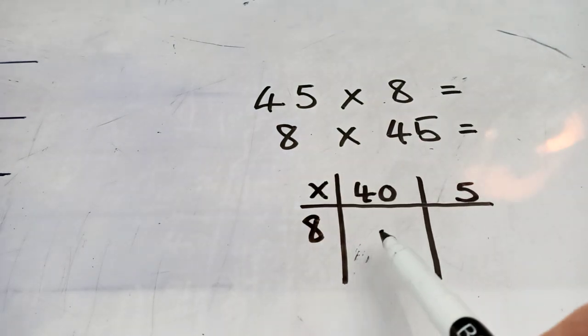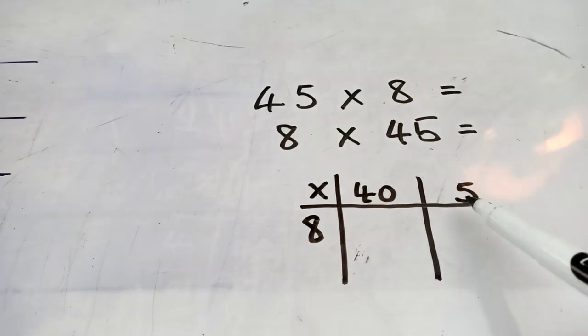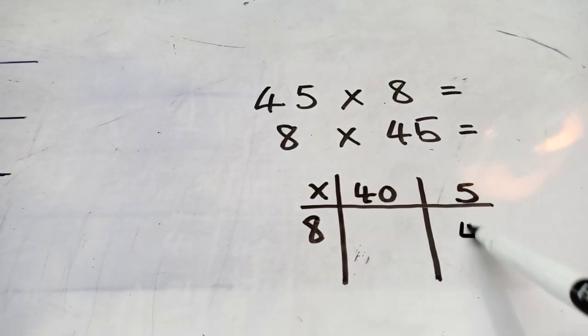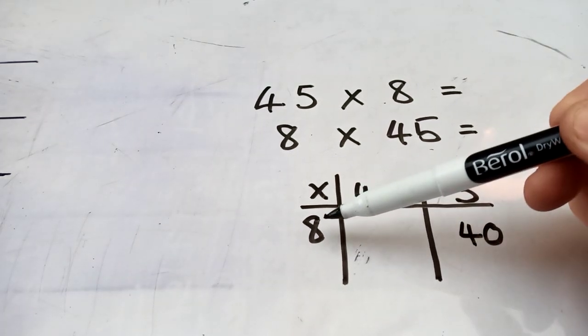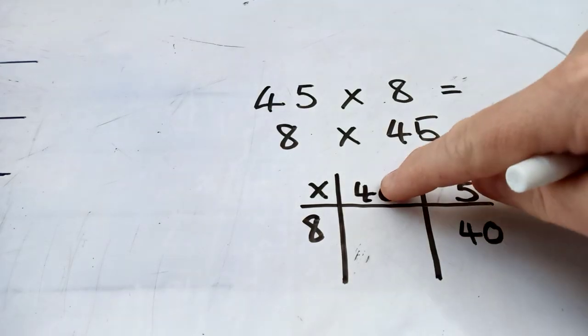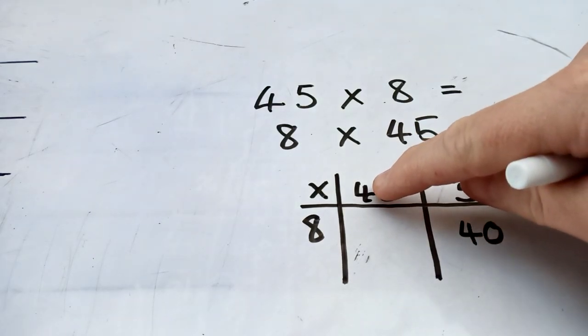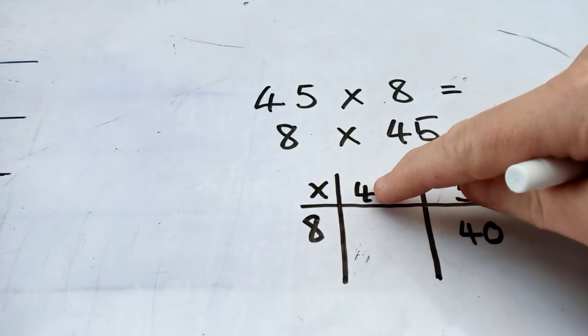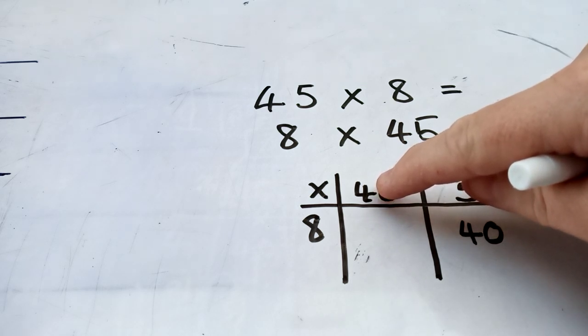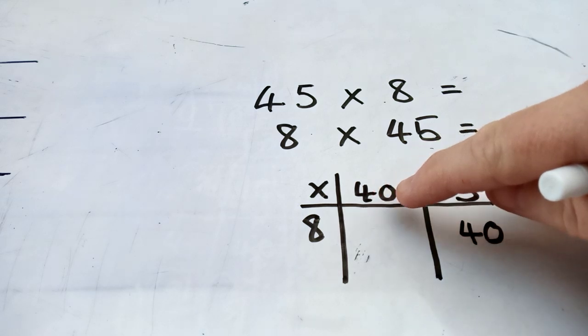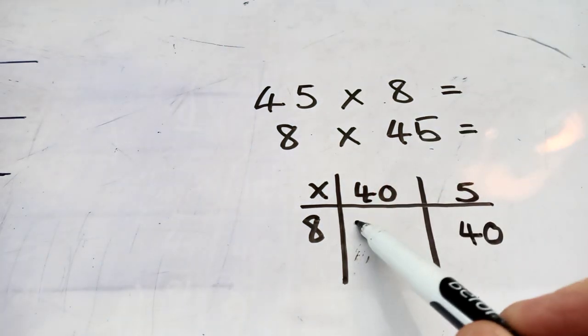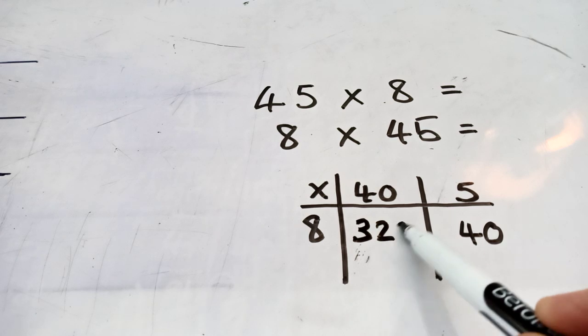And here I go, I'm ready. What is 8 times 5 or 5 times 8? Well done, it's 40. And what is 8 times 40 or 40 times 8? I'm not very good at that, so I'm going to cover up the 0. What's 8 times 4? How do I remember 8 times 4? Isn't it the boing boing one? Well done. It's 32, so make it 10 times bigger. 32 becomes 320.